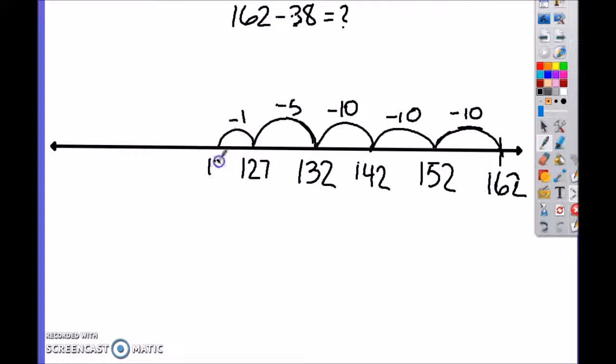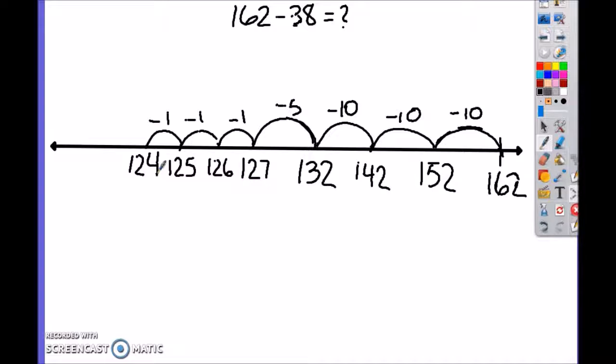We have to keep on jumping, so let's jump back another one to 126, 125, and then finally to 124. Now that we've jumped back 38, let's go back and check to make sure that we know how to count back using the number line.